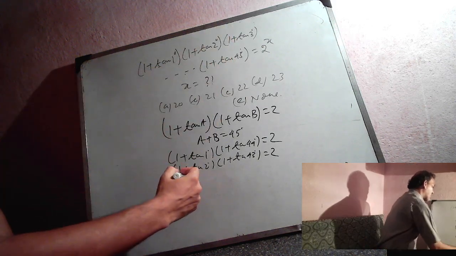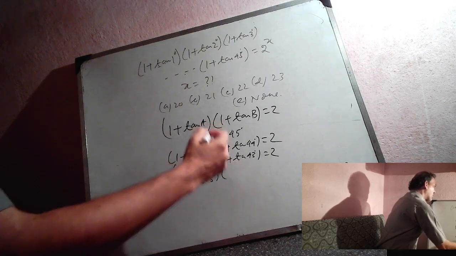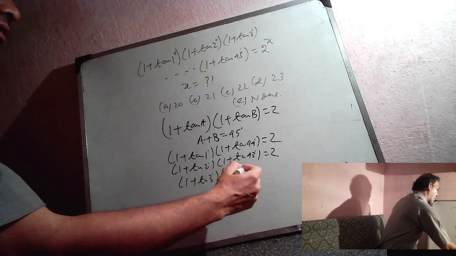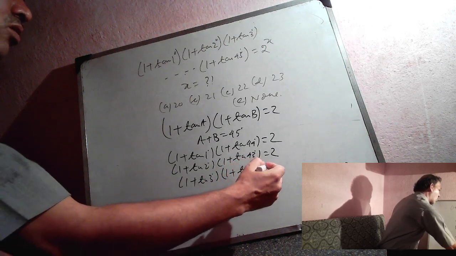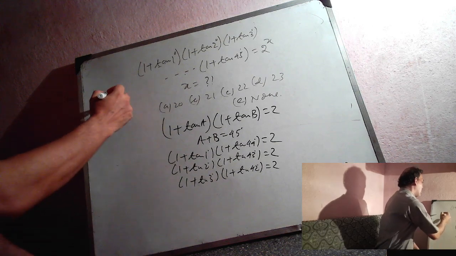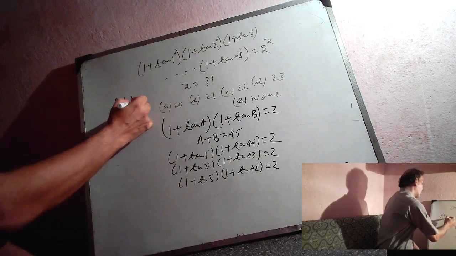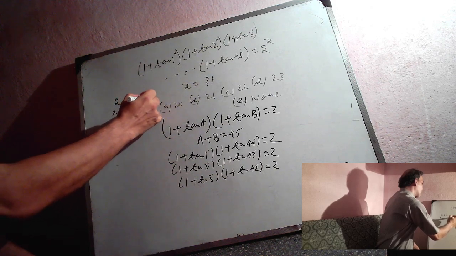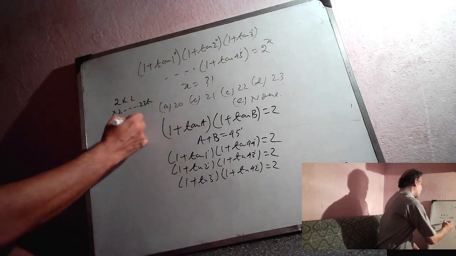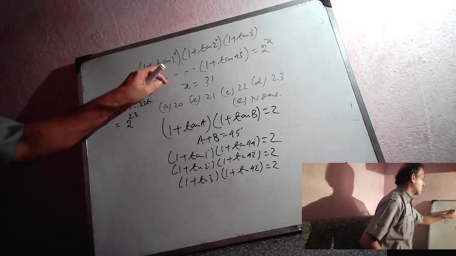Now (1 plus tan 3 degree) into (1 plus tan 42 degree) is also 2. Multiplying, we will have 2 into 2 into 2 up to 23 terms. So the value of it will be 2 power 23.